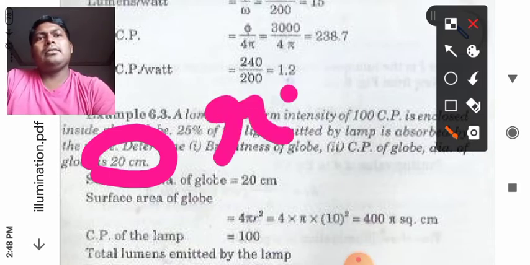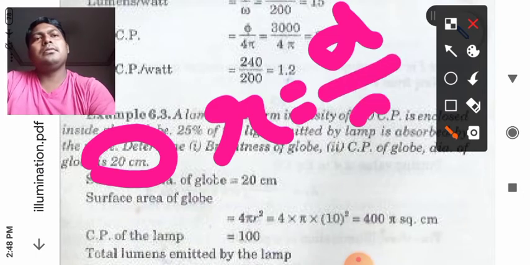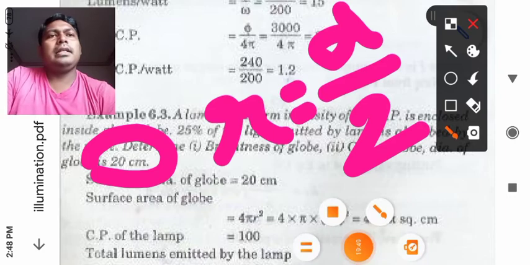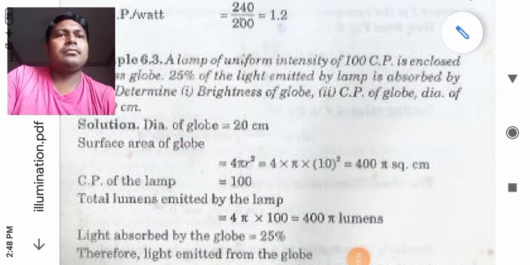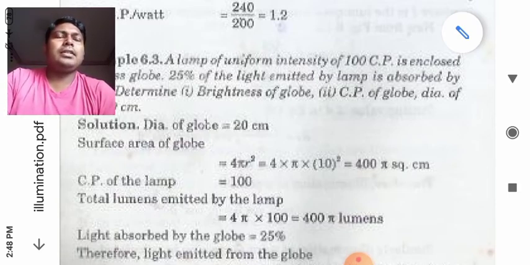Radius is equal to diameter divided by 2, right? So here we got the radius. Applying it in the surface area of the globe, 4 pi r square, we get 4 into pi into 10 square, that is equal to 400 pi square centimeters.